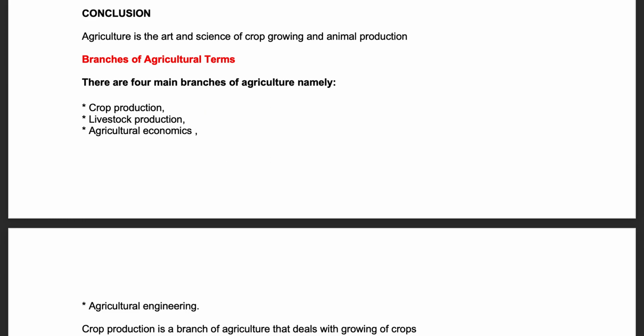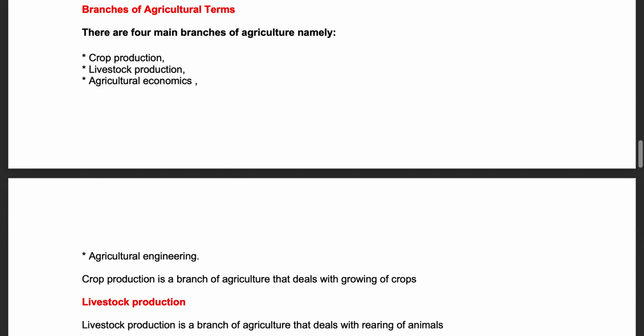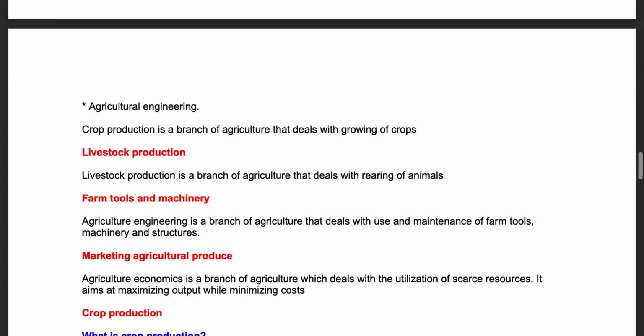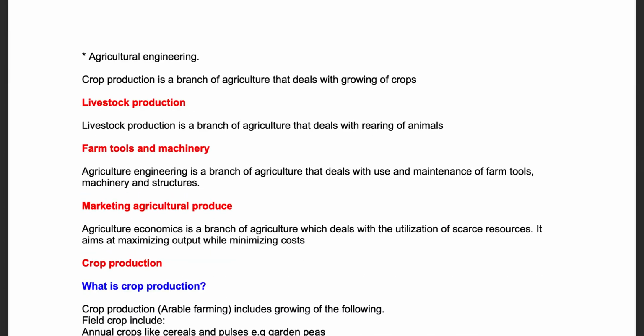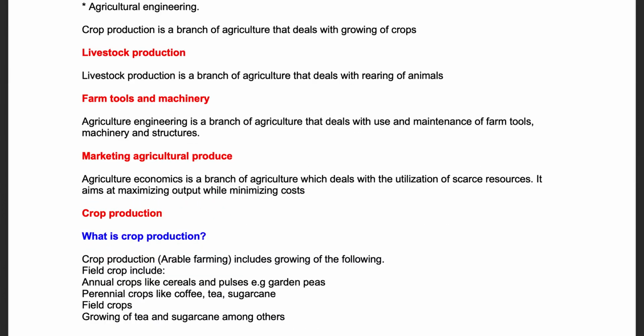Branches of agriculture. There are four main branches of agriculture, namely crop production, livestock production, agricultural economics, and agricultural engineering. Crop production is a branch of agriculture that deals with growing of crops. Livestock production is a branch of agriculture that deals with rearing of animals.